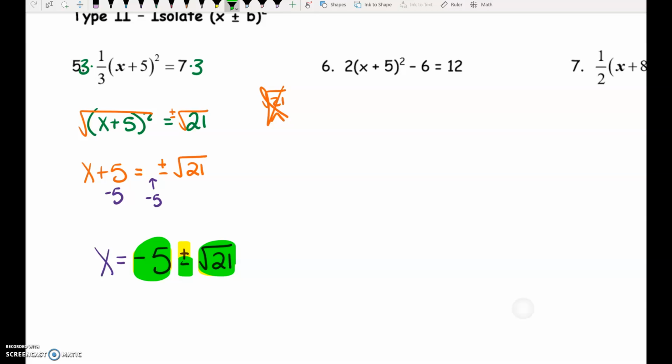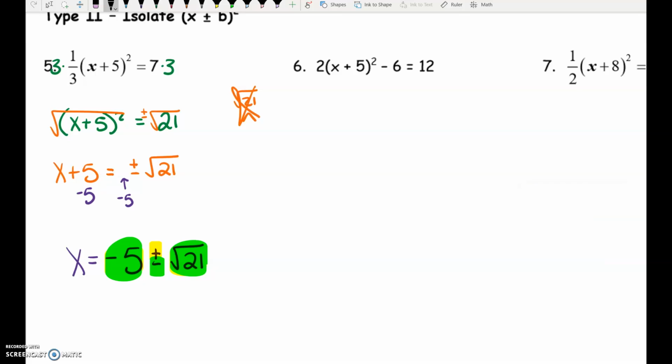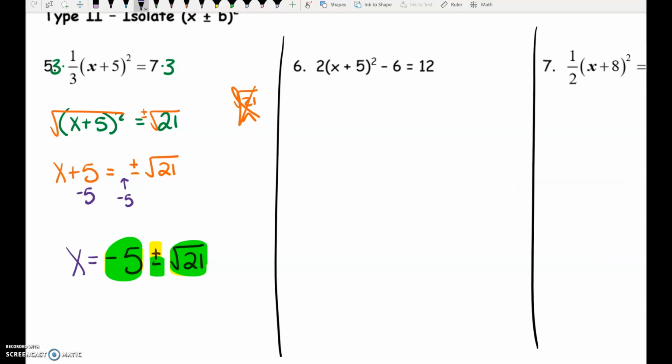All right, let's do number 6. What do we need to do first? Add 6. So 2 times the quantity x plus 5 squared equals 18. Then we would divide both sides by 2.